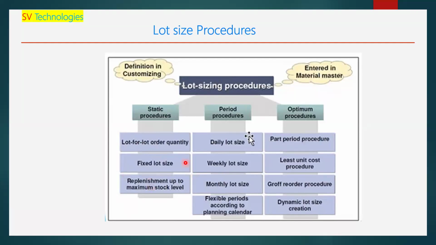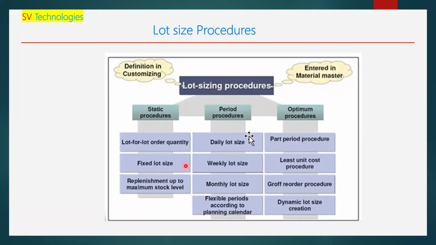For example, if my requirement quantity is 50, but in the market the supplier can deliver only a minimum of 100. In that case, as per net requirement calculation, if the shortage quantity comes to less than 100, the system, using the fixed lot size quantity of 100, will generate the procurement proposal for 100 quantity even though our shortage is 50.